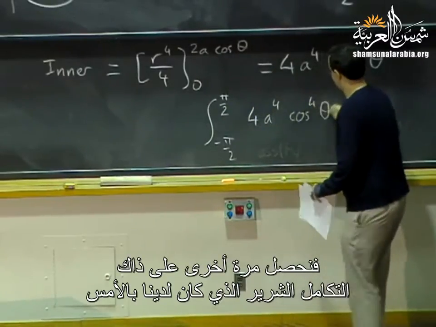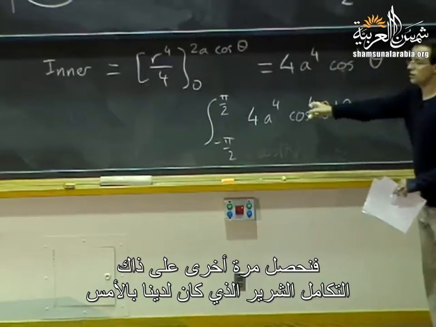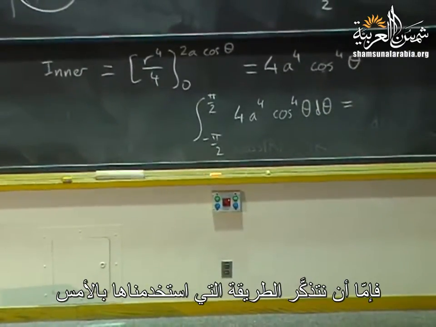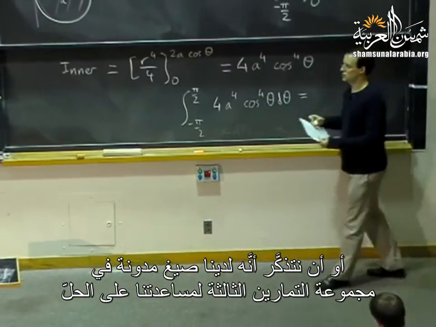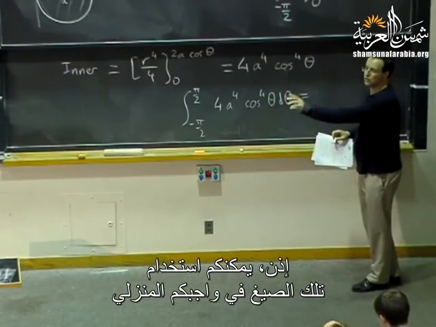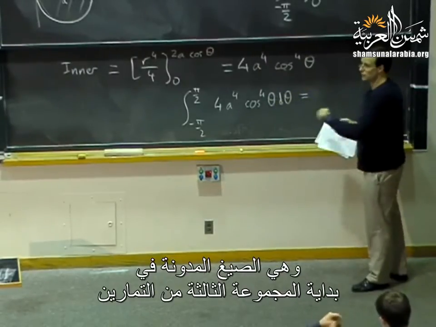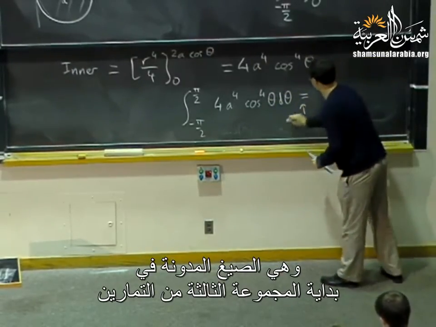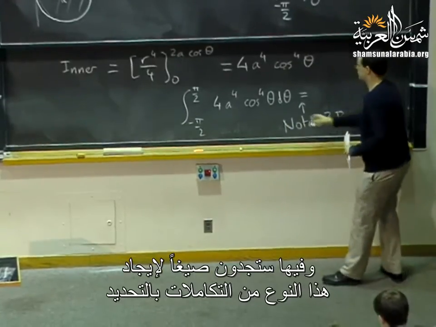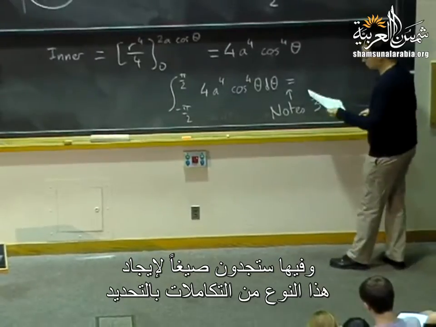And, well, that's again the evil integral that we had yesterday. So either we remember the method from yesterday, or we remember that there are formulas in the notes to help you. So on homework, you can use these formulas in the notes. At the beginning of section 3b, there are formulas for these particular kinds of integrals.